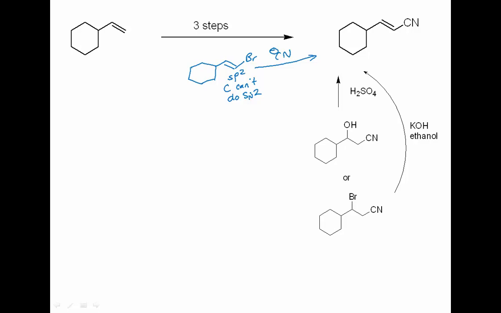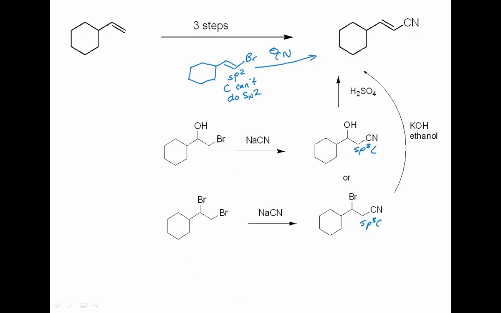Okay, all right, how do we make these two compounds? Well, now cyanide is attached to an sp3 carbon, right? So the immediate precursor that we need here is, of course, the halide, or the hydroxyhalide.